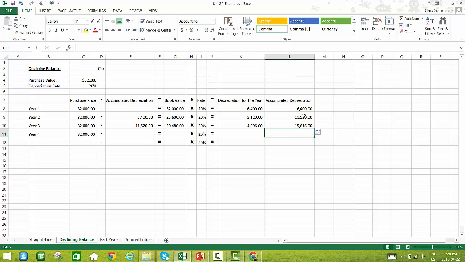Now we can see in the first year we had 6,400 in depreciation. The second year we had 5,120, so we added those up to give us 11,520. Then the third year we had 4,096, so I'm adding that to the 11,520. So far I have accumulated depreciation of 15,616. That number I now need to carry down over here.